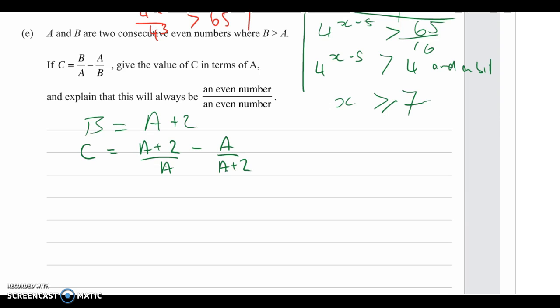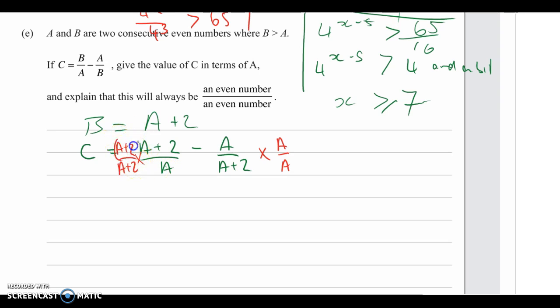My common denominator here would be A times A plus 2. I hope you're happy with that. I'm just going to use a different color to say I'm timesing this by A over A. Now remember, A over A is 1, so I haven't actually changed the value. And this side I'm going to multiply by A plus 2 over A plus 2.